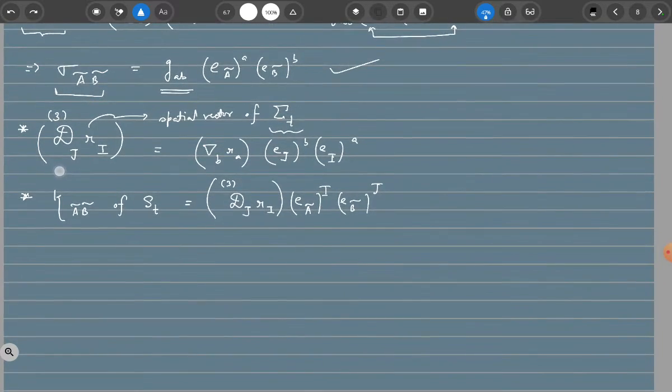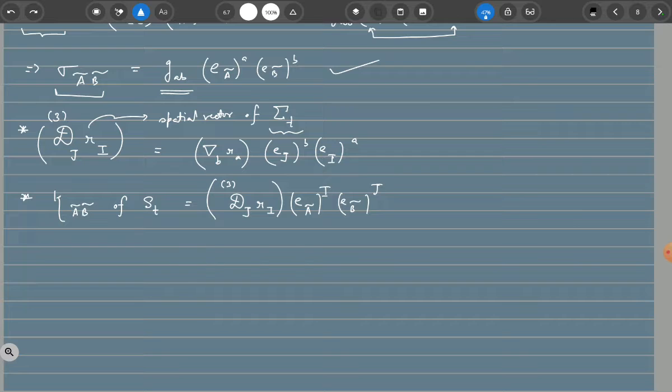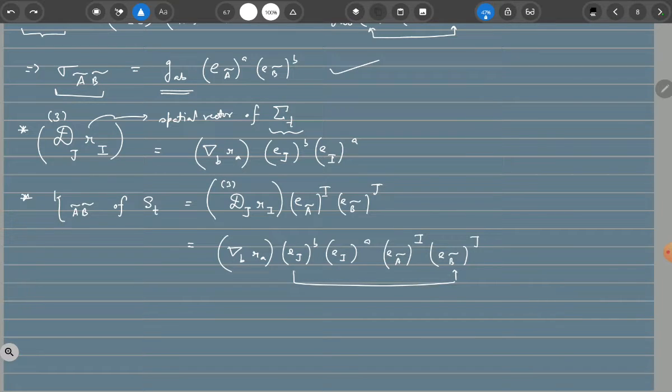But then we can again convert it back to as seen as an embedding in the four-dimensional space-time just by these formulas, which is equal to del_B of R_a e^J_B e^I_A e_A tilde^I e_B tilde^J. Let us combine these. Which one should be combined? This one and this one, and this one and this one. So this will turn out to be del_B of R_a.